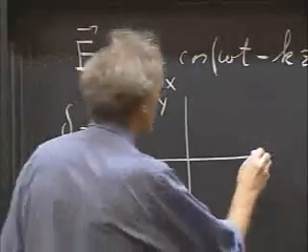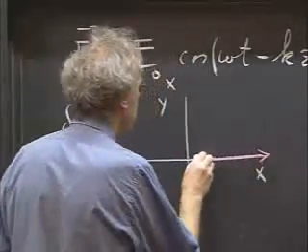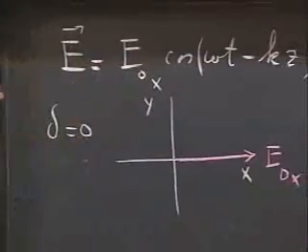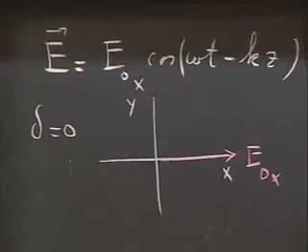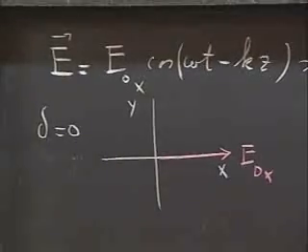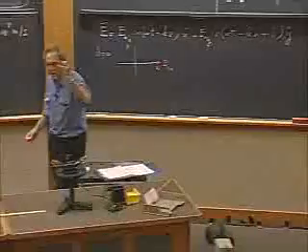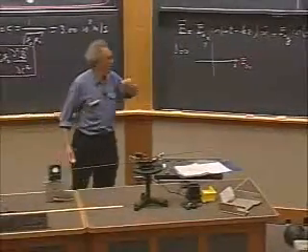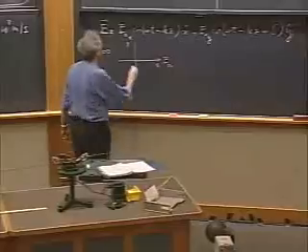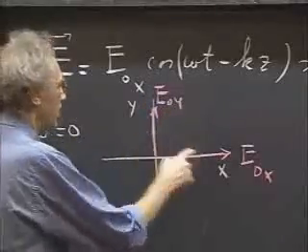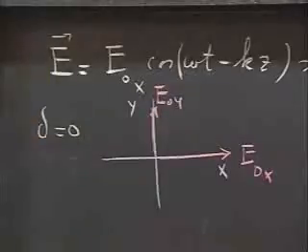At a certain moment in time, the E vector in this direction reaches a maximum, E0x. And if delta is 0, that's the moment in time that the E vector in the y direction also reaches a maximum, because delta is 0. So this one, E0y, occurs at the same moment as that one.